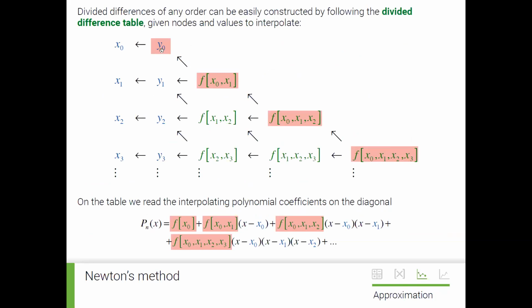Now, a divided difference of any order can be easily constructed by following the divided difference table, given nodes and values to interpolate. So we have this divided difference table. You can see y0 corresponds to x0 here.